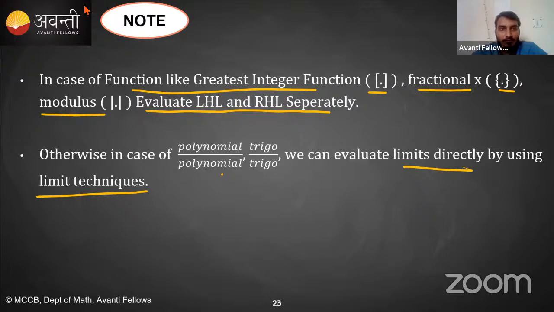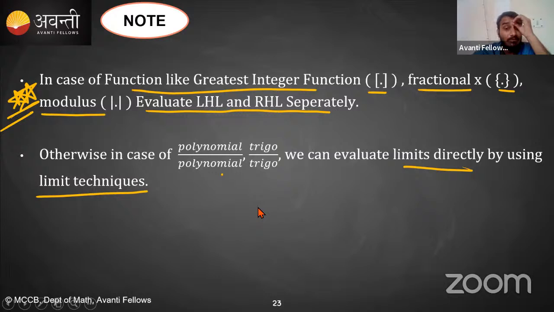From the question itself we should be able to tell whether we have to find the left hand limit and right hand limit separately or not. For greatest integer, fractional, or modulus functions, we for sure have to find the limit separately, without fail. But for a polynomial function or trigonometric function, there is no need to find LHL and RHL separately. Just directly find the limit using the limit techniques. It is very, very important.